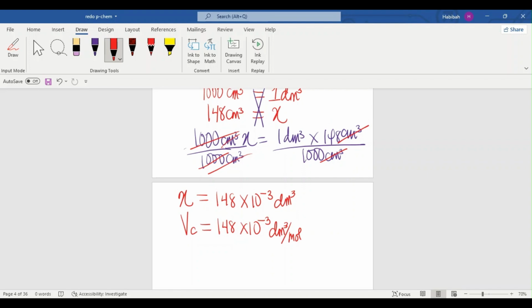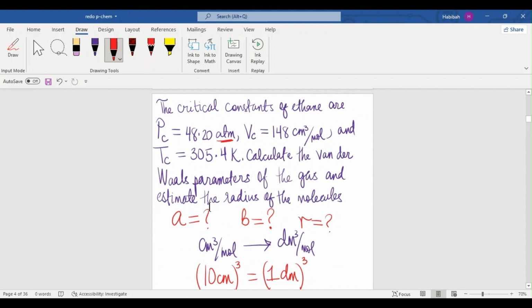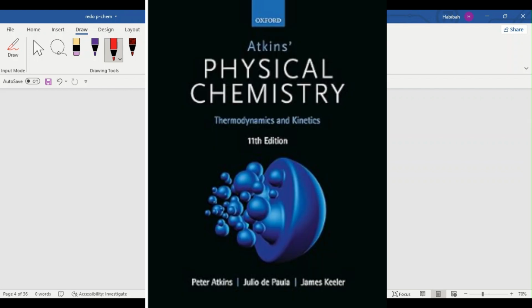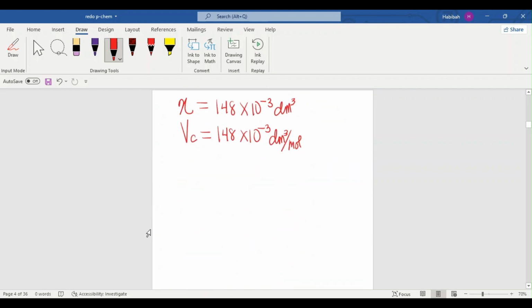The next thing you have to know is that they told us the critical constants, and they want us to find the van der Waals parameters. Looking at the Physical Chemistry Atkins textbook, the 11th edition, you're going to note that all of the formulas to find the van der Waals parameters using the critical constants are there. From the textbook, we have VC equal to 3B.